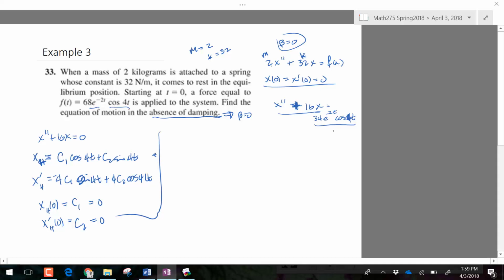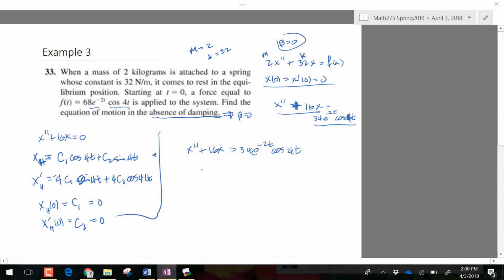So according to our equation, we should have x double prime plus 16x equal to 34e to the negative 2t cosine 4t.